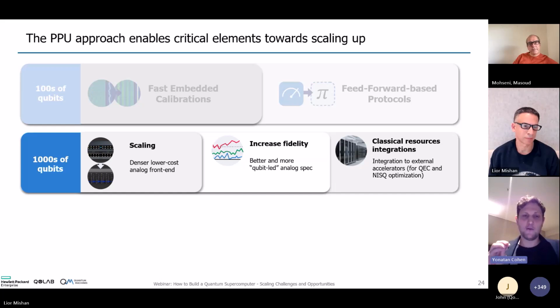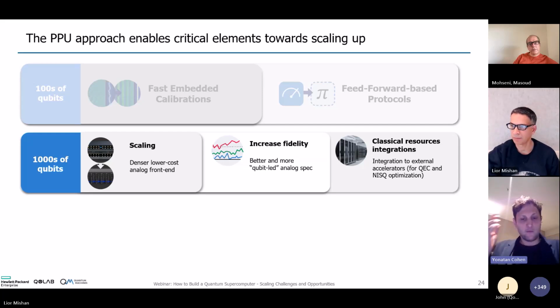And specifically, as we scale, we need to focus on the analog specifications that the qubits really care about. As John mentioned, the qubits are going to get better, and we cannot limit the fidelity from the control system. So we need to identify what are exactly the right analog specifications that the qubits care about and push on that. And the last element is classical resource integration.